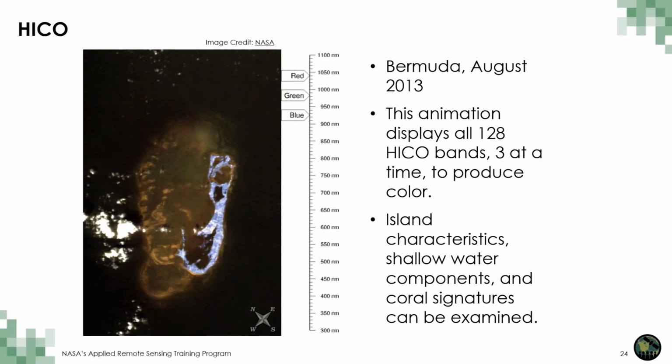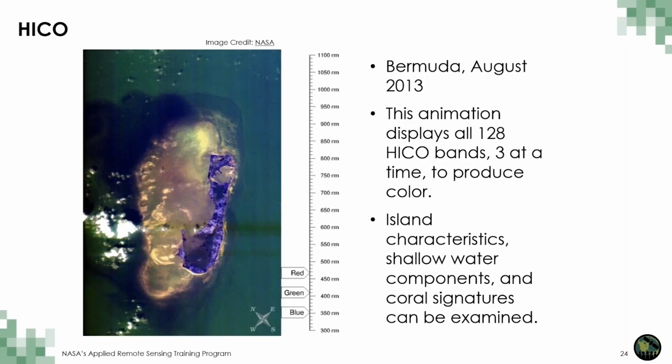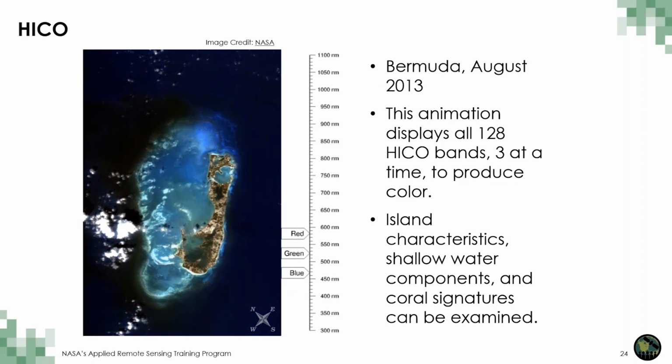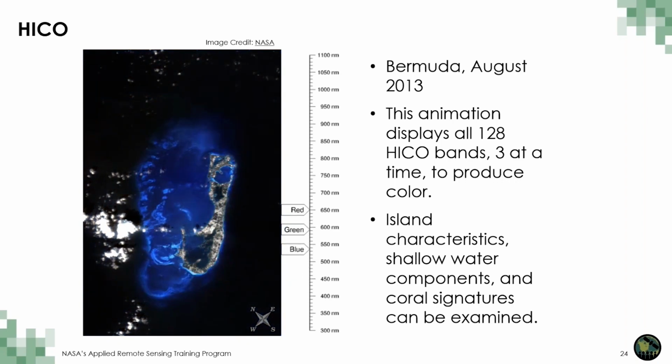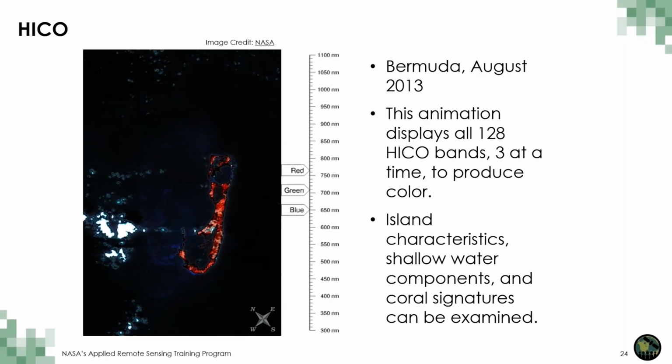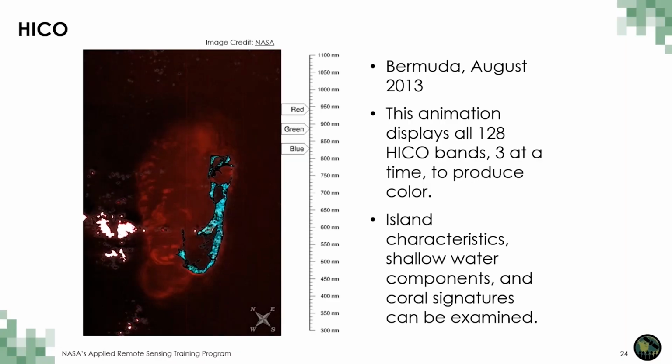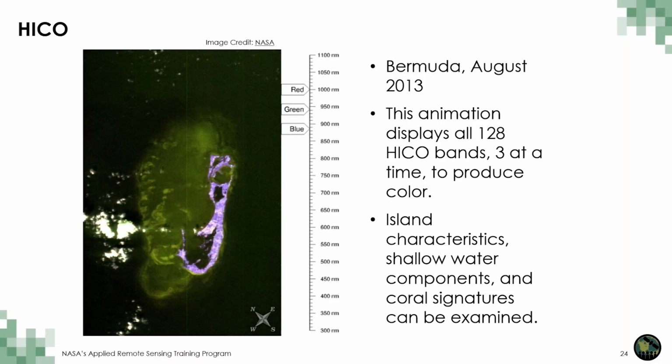Here in this animation, this was a series of images collected over Bermuda on August 17, 2013, and it cycles through all 128 HICO channels, displaying 3 at any particular time. Now, the sliders on the right show which channels, represented by their central wavelengths in nanometers, were used for the red, green, and blue components of each frame of the animation.